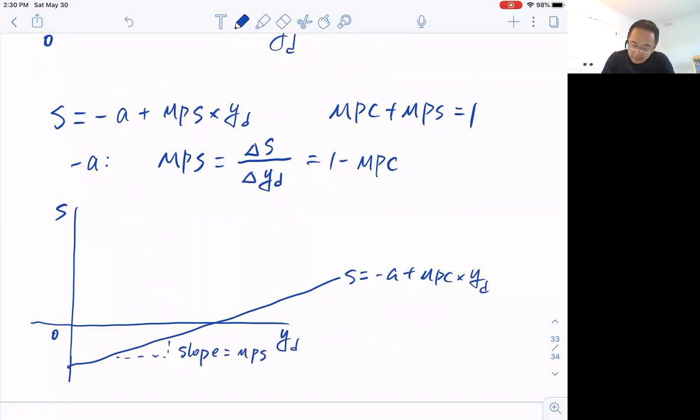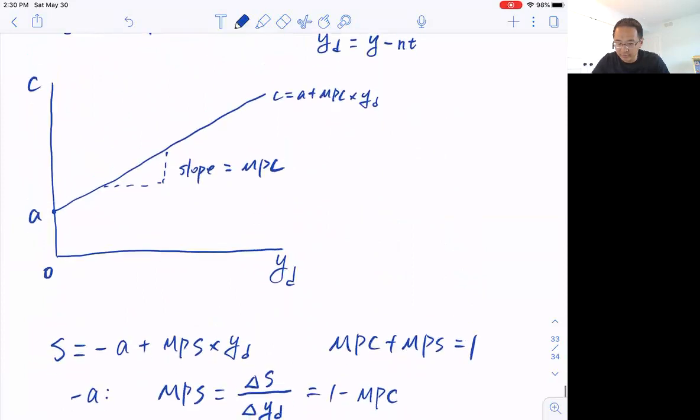And the intercept here is what savings is when your disposable income is 0, that is negative A. So that's what the savings function looks like. It's closely related to your consumption function.